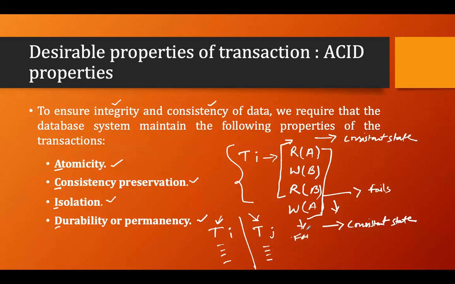If I have done a write operation, I cannot perform the atomicity property because I have done all the operations, and after that my database fails. Then the write operation, meaning the updated value of A, should be reflected in the database even if there is a failure. That is called durability.